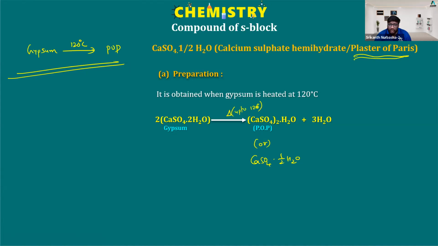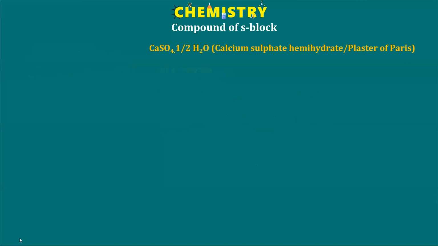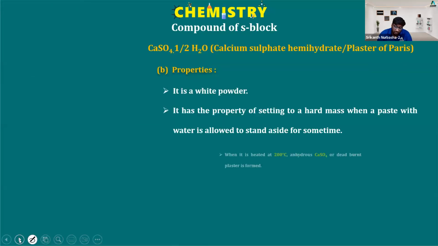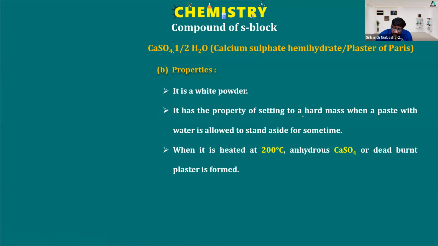And plaster of Paris, what are its applications or uses? It is a white powder. It has the property of setting to a hard mass. It becomes hard when a paste with water is allowed to stand for some time. When it is heated at 200 degrees Celsius, anhydrous calcium sulfate or dead burnt plaster is formed.